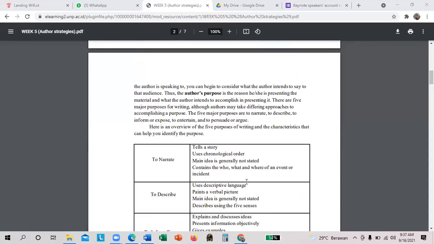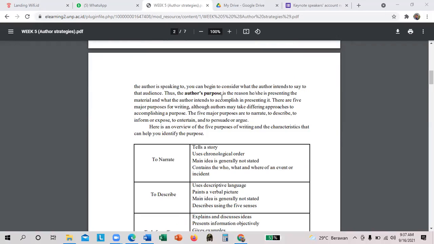Right, that's the audience. Next, the author's purpose. The author's purpose means the reason why she or he, the author, presents the material, and what the author intends to accomplish in presenting it.